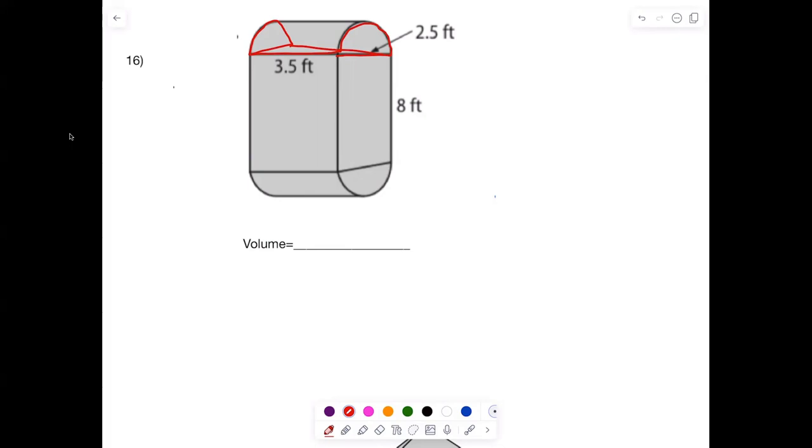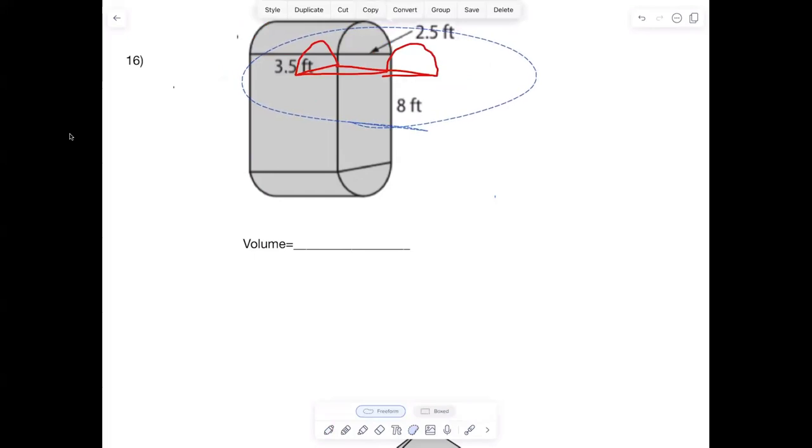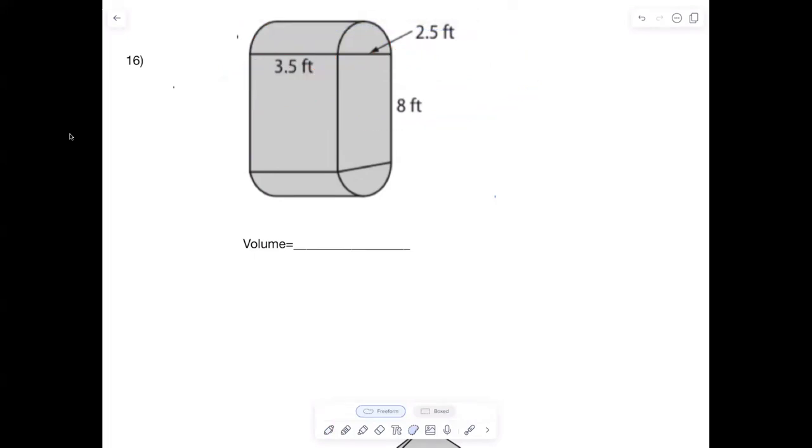So I want everyone to write down, that is a cylinder plus a rectangular prism. Now this 2.5, what does that represent of the cylinder? The diameter.